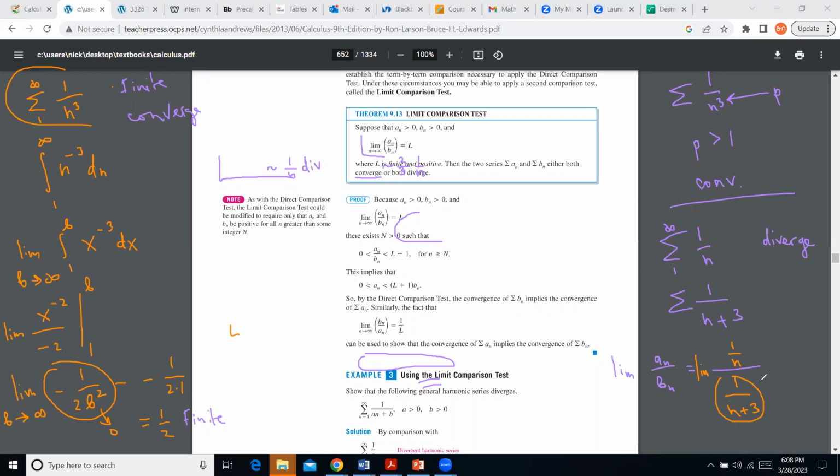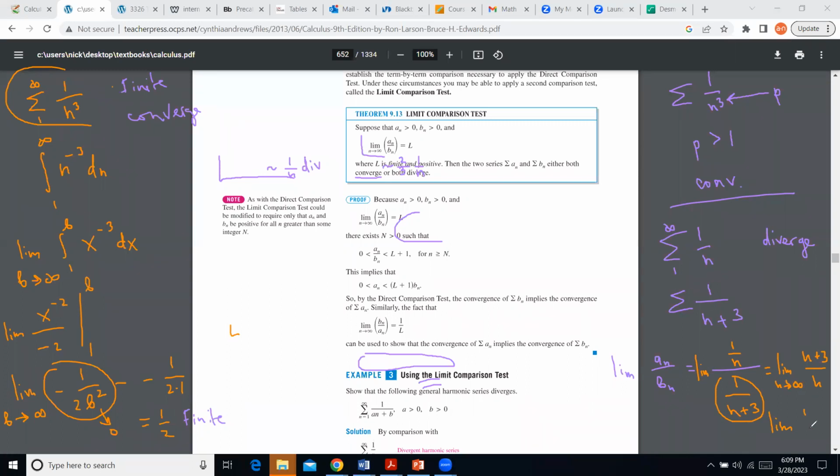So we're going to deal with a limit of n plus 3 in the numerator and n in the denominator, right? And then by L'Hopital's rule, when you take the derivative of the top and the bottom, since our n always approaches infinity, it's infinity over infinity.